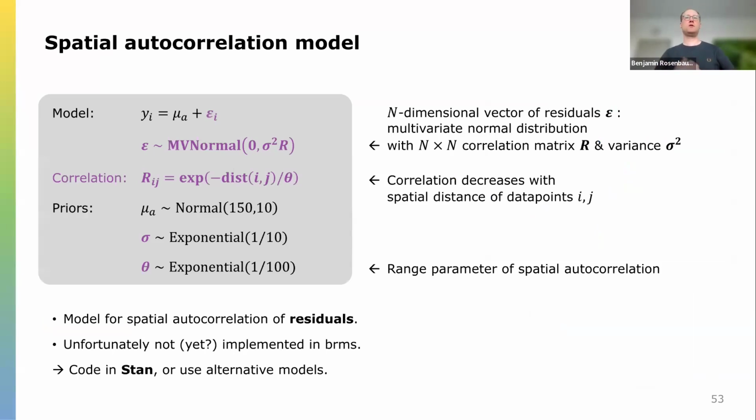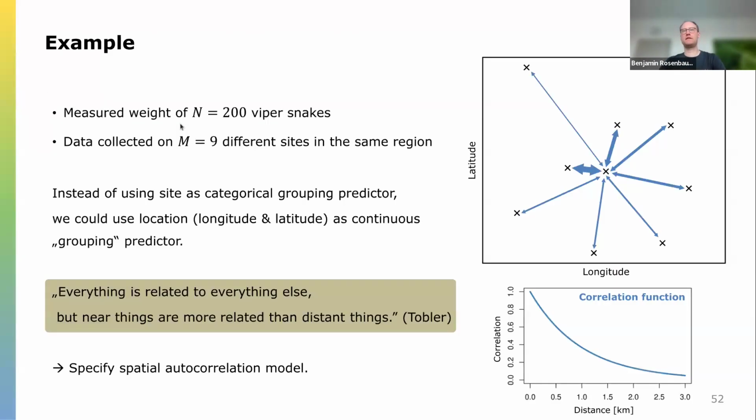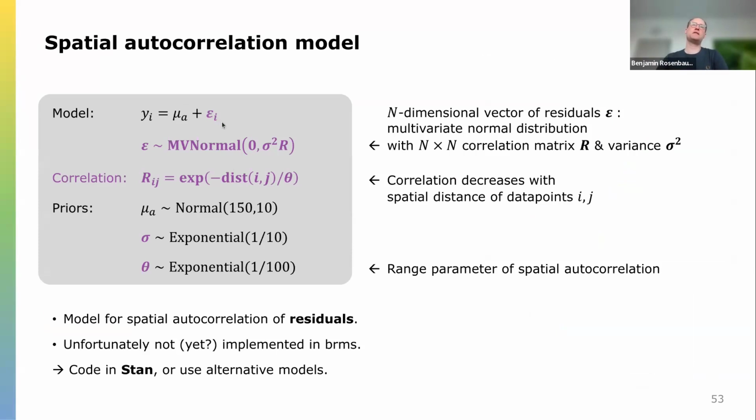And we can model this. It's just one way of modeling it. By saying, okay, I want to fit my data, so all the 200 snake individuals, I want to fit their joint mean. And I can model this relationship by putting it in the residuals. So I say the deviations from this joint mean are not independent anymore, right? If they were independent, we could just do a regular linear regression.